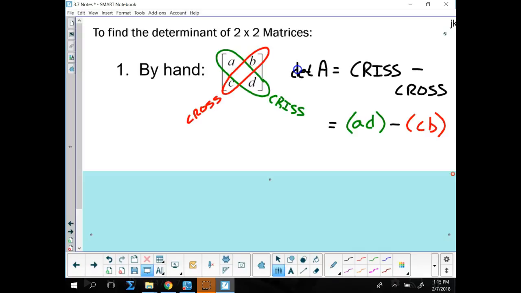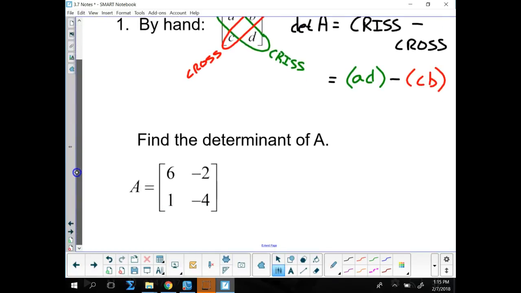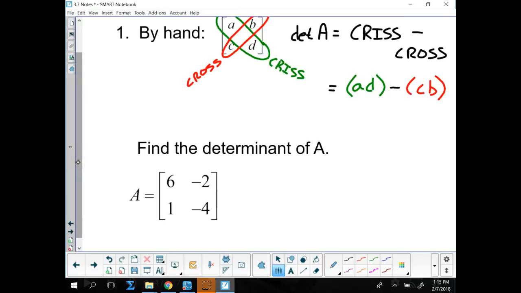So, let's find the value of this determinant by hand. Well, that's going to be criss. So here's my criss. 6 times negative 4. Minus my cross. 1 times negative 2.